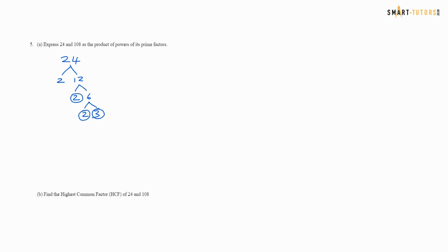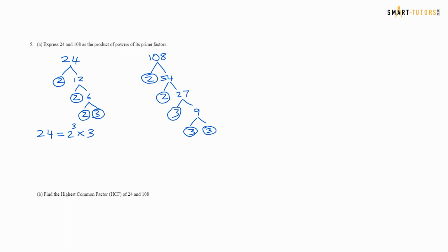You can write it as 24 equals 2 cubed times 3. 108 is going to be 2 and 54, 2 and 27, 3 and 9, and 3 and 3. So 3 threes and 2 twos. That is the answer for 108 equals 2 squared times 3 cubed.